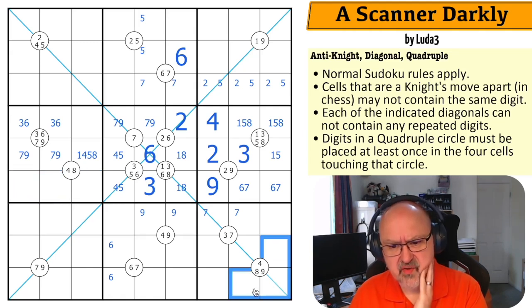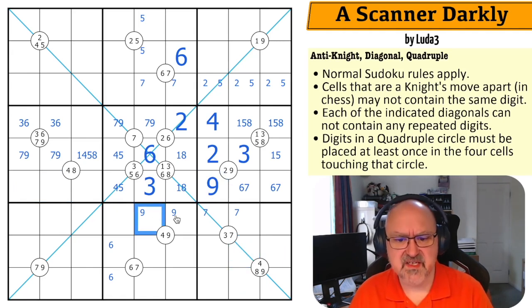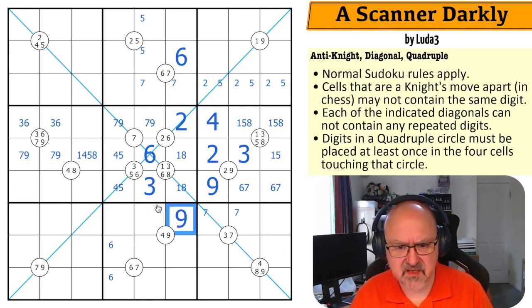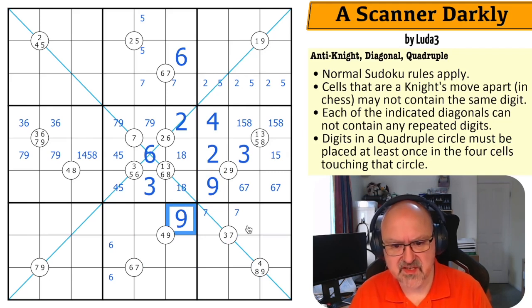Nine is in one of those 3 because that 9 sees that cell. Oh, that 9 sees that cell. That's not the 9. That's the 9. Because all of those cells are seen. So 9 is in this quadruple, but it's not there, which was seen by both of those 9s. So that's unhelpful. 4 is here, 4 is here, 4 is here, 4 is here.